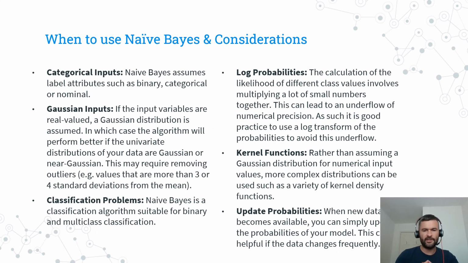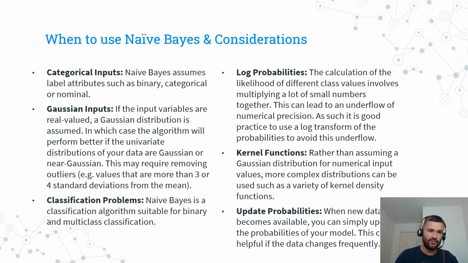Okay, we've got a couple of considerations of what we need to do with our data and when to use a naive Bayes classifier. So your categorical inputs, your label qualities like binary, categorical, or nominal, are already presupposed by naive Bayes. Your Gaussian inputs: a Gaussian distribution is taken into account if the input variables have actual values.